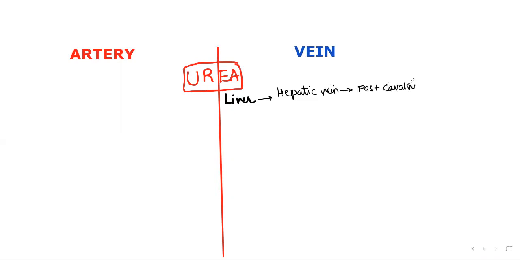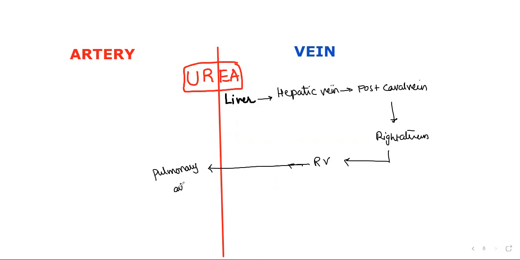Liver, hepatic vein, postcaval vein, which reaches the right atrium of the heart, and then right atrium to right ventricle to pulmonary artery. We have a bigger choice of question, that's why I'm writing the whole pathway here. Pulmonary artery goes to the left atrium, then lungs.